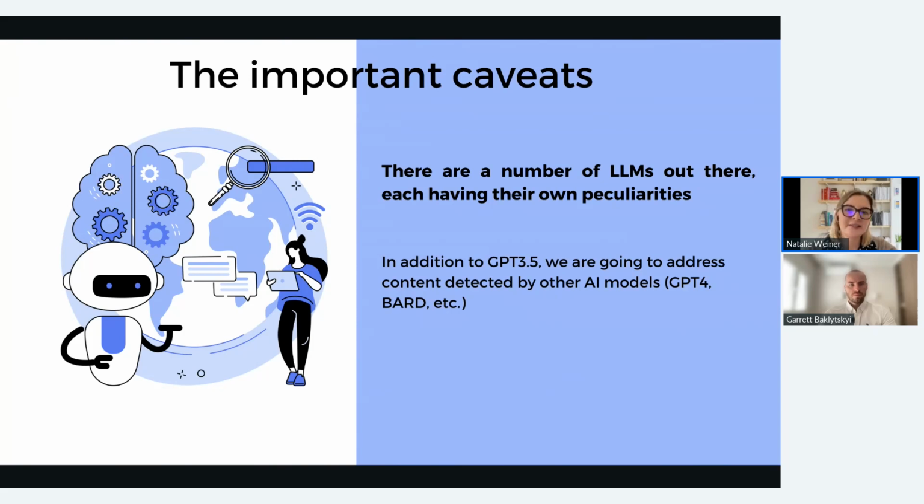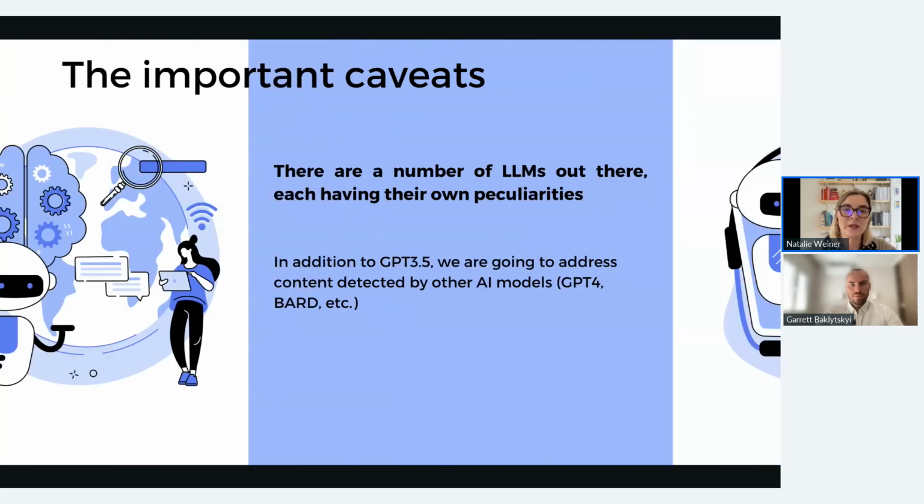But at the same time, we are going to test our model on other large language models output, such as GPT-4, Google's Bard, and others. So we want to be able to detect content that was generated by them as well.